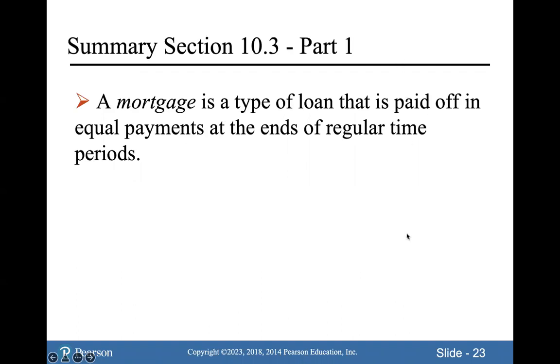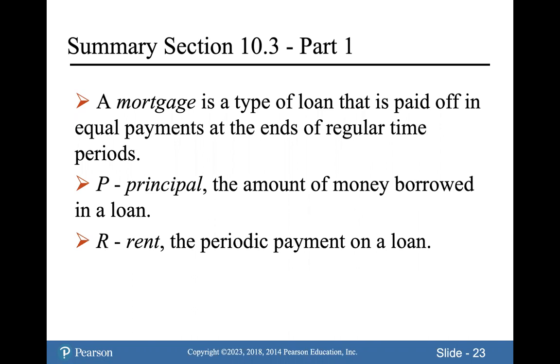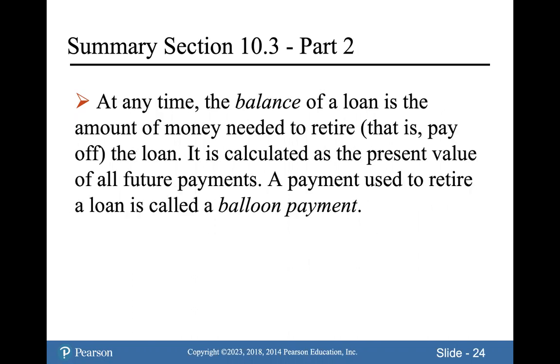All right, so to summarize, a mortgage is a type of loan that is paid off in equal payments at the end of regular time periods. P, the principal, is the amount of money borrowed in a loan. R, the rent, is the periodic payment on a loan. At any time, the balance of a loan is the amount of money needed to retire, that is, pay off the loan.